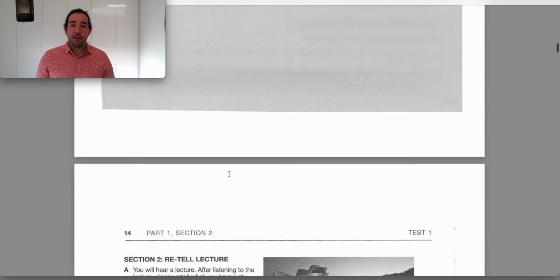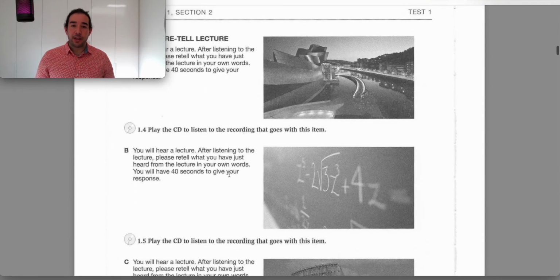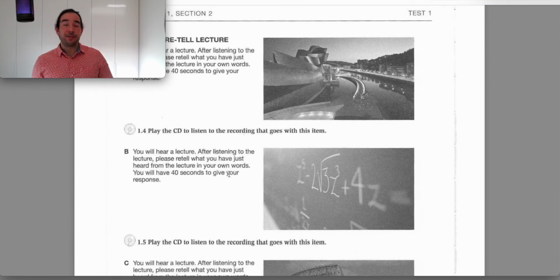Then we've got the next part, which is retell lecture. The interesting thing about PTE is that some bands are interconnected, and this is our first example. We will listen to a recording, and then we have to talk about it.